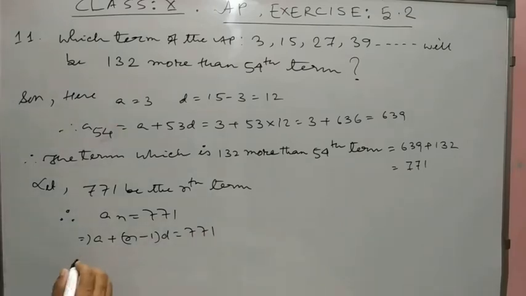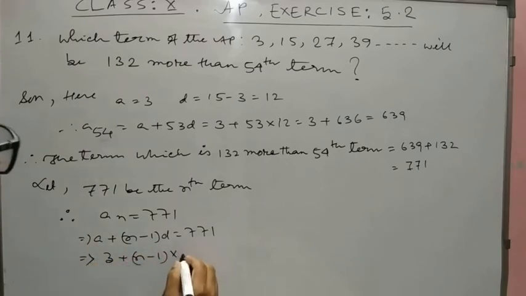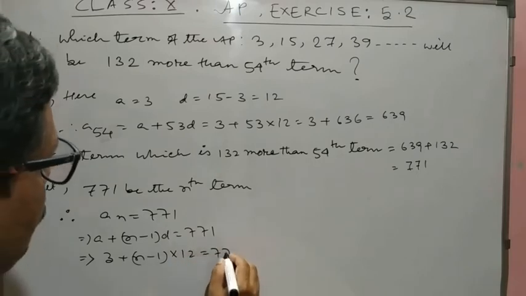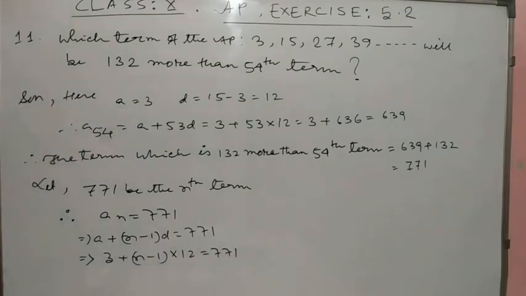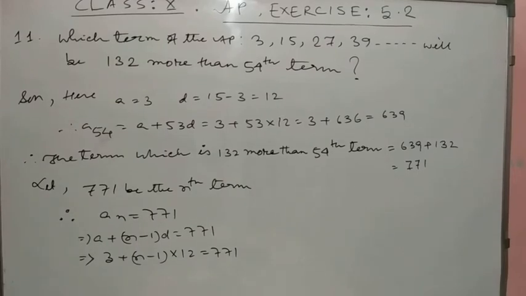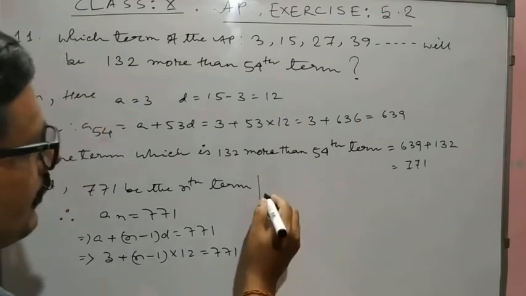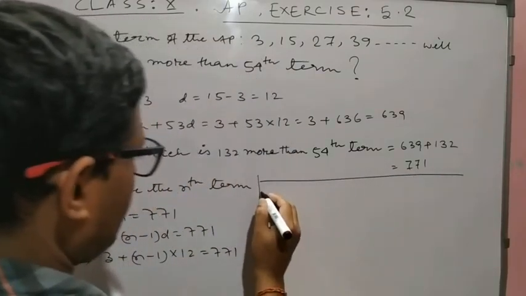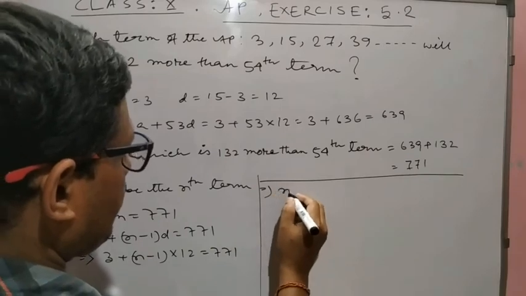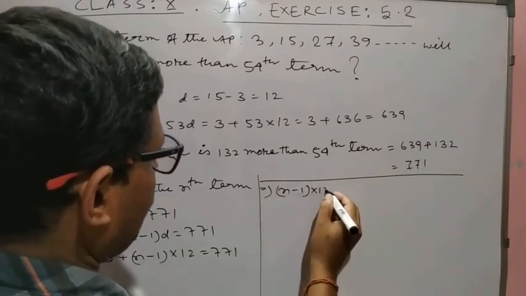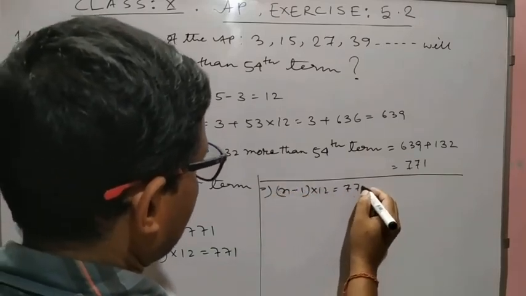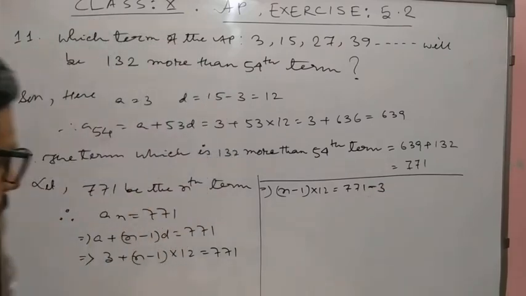Now the value of a is 3 and the value of d is 12. Now we will transfer 3 this side. We get, this implies that (n minus 1) into 12 equal to 771 minus 3.